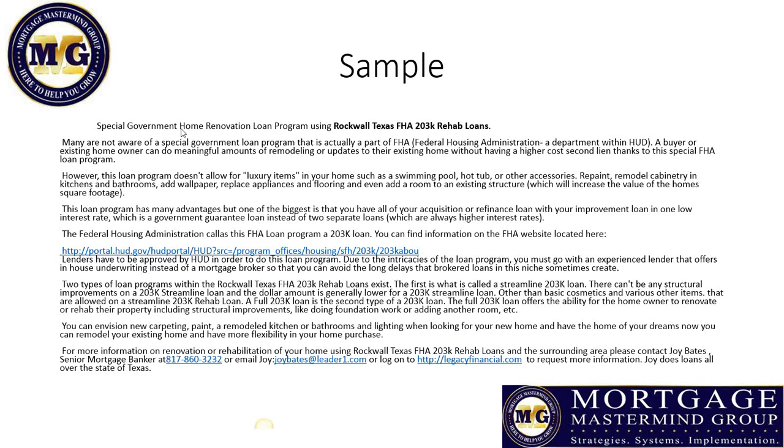You don't have to do any kind of hyperlink with that. With the way that Active Rain works, it becomes a link when you post it because you've copied it from an actual URL link. So no, you don't have to hyperlink it. If you wanted to say click here for more information on the FHA website, then you would hyperlink the word here to that button. Does that make sense?